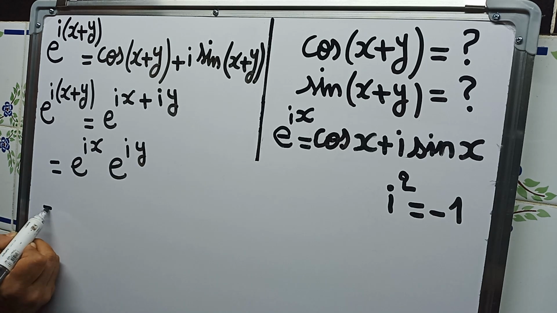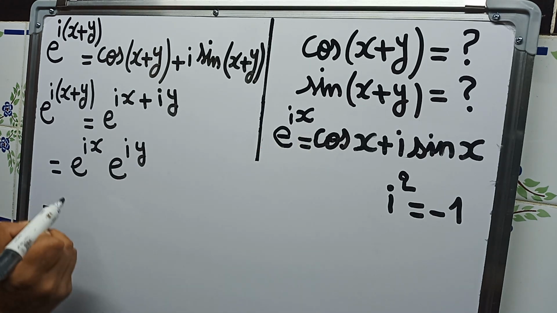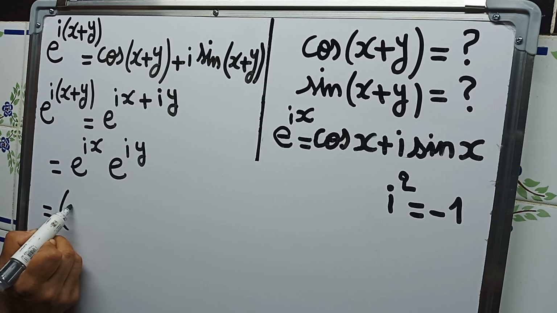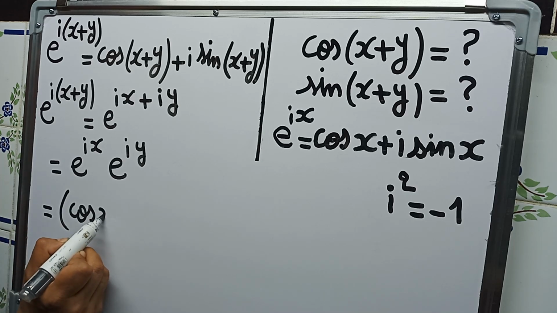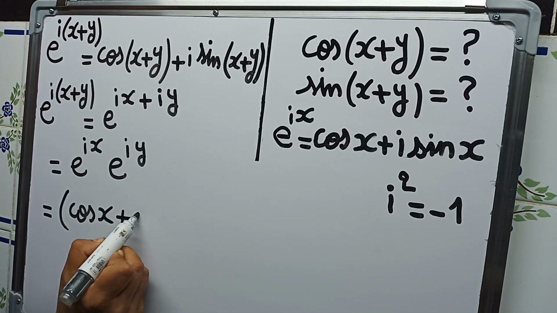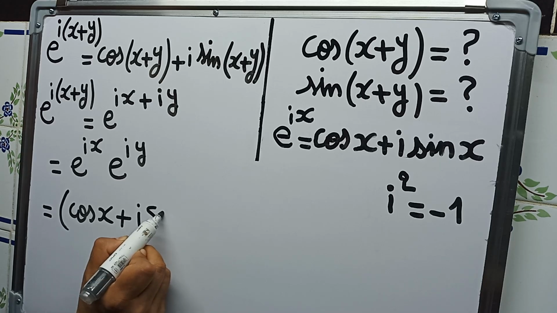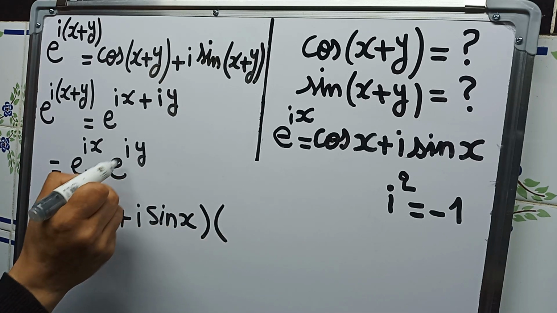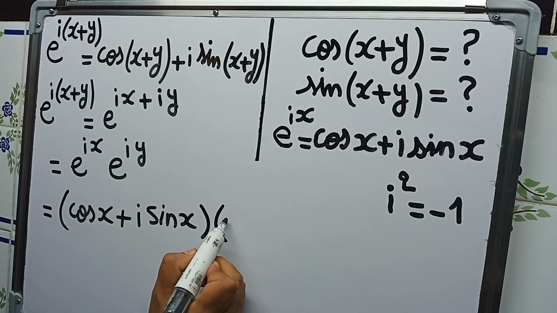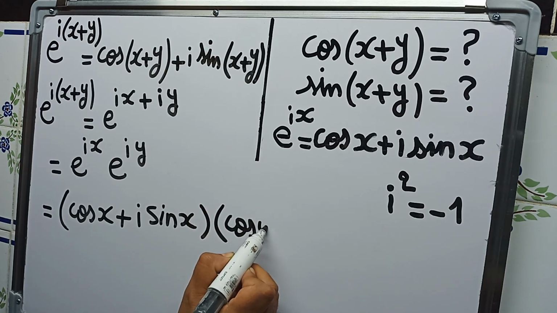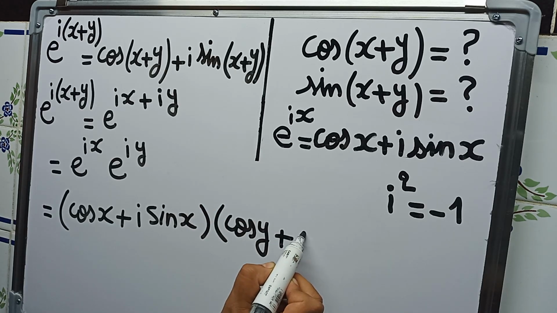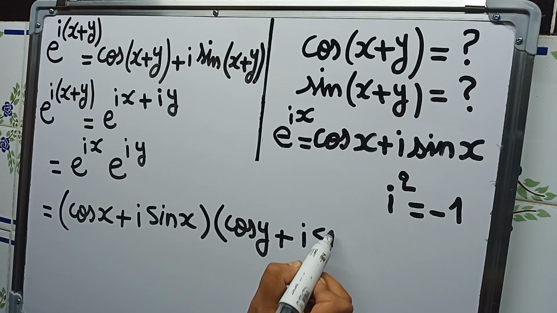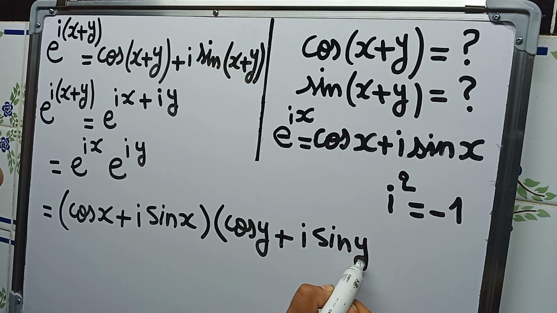Of course, here replacing with Euler's formula, it's equal to (cosine x plus i sine x) times e^(iy), (cosine y plus i sine y).